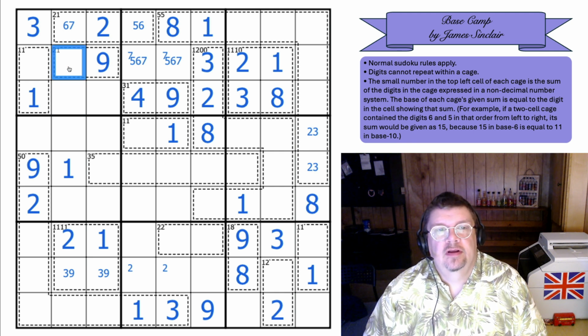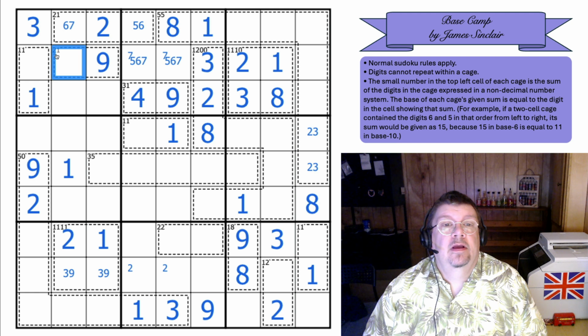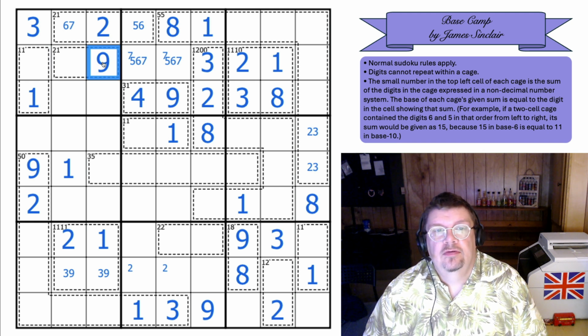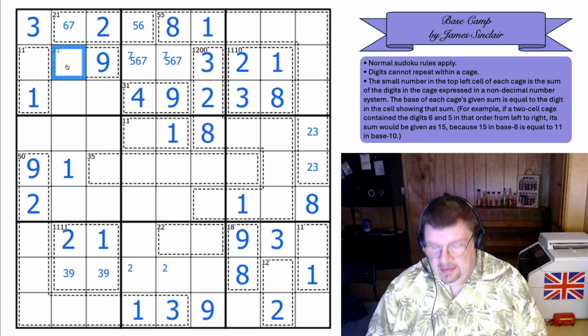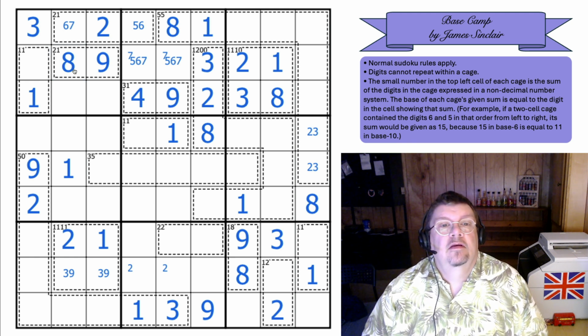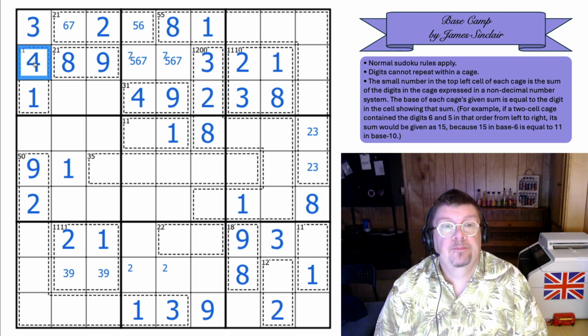So if this were a 6, by base 6, that would be 12, 13, but 6 plus 9 is 15. And any lower base is just going to make that even worse. So that does in fact have to be the 8. Okay, that's really nice. So now 4 by Sudoku goes here.